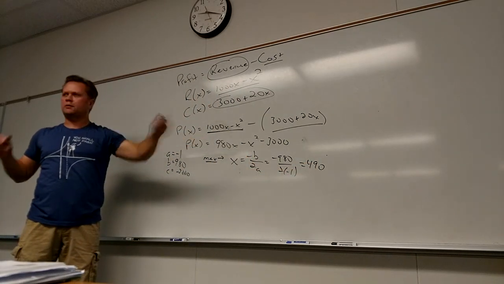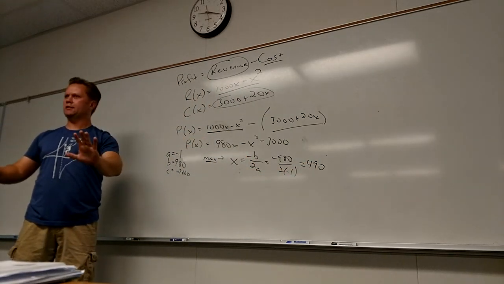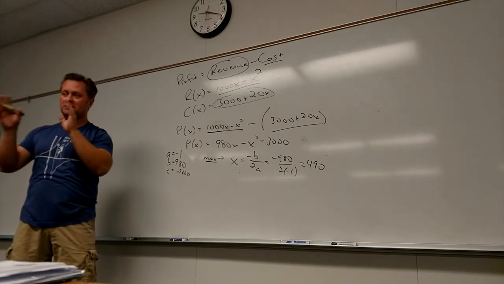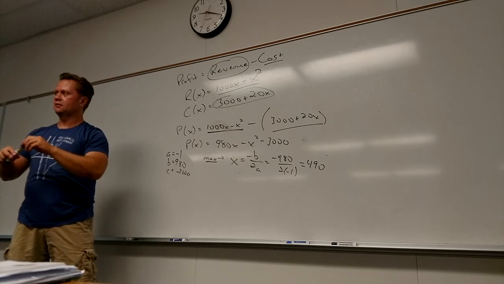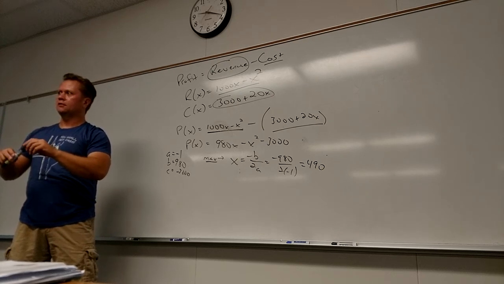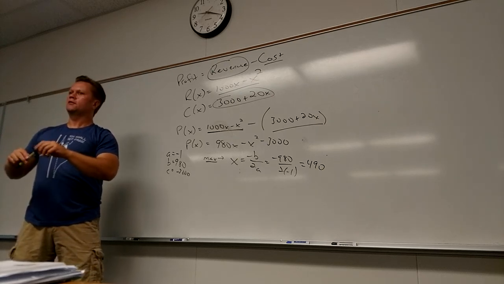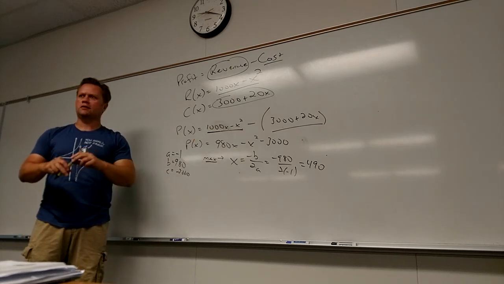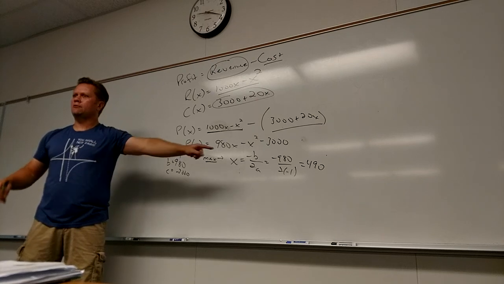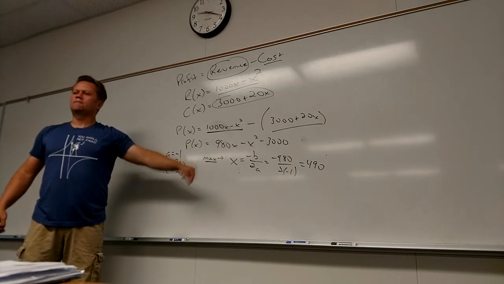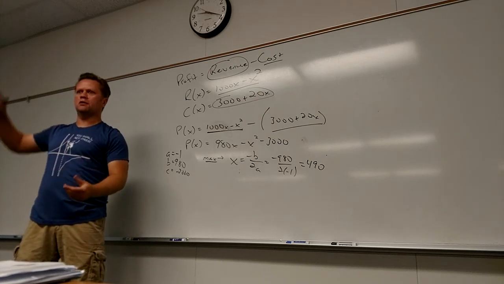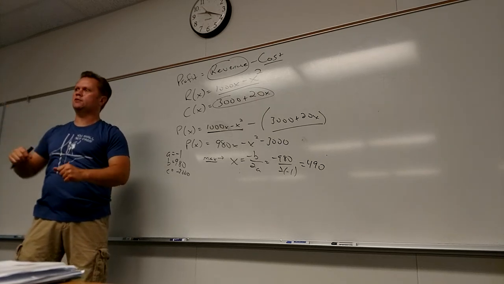What does 490 represent? Let me stop right there. What's 490 by itself represent? X. Yes, x. What's that mean physically? Isn't it an input? Does that mean the weight of turtles in Guatemala? Does it mean the amount of money that Joseph that works in Toronto makes on Tuesdays?